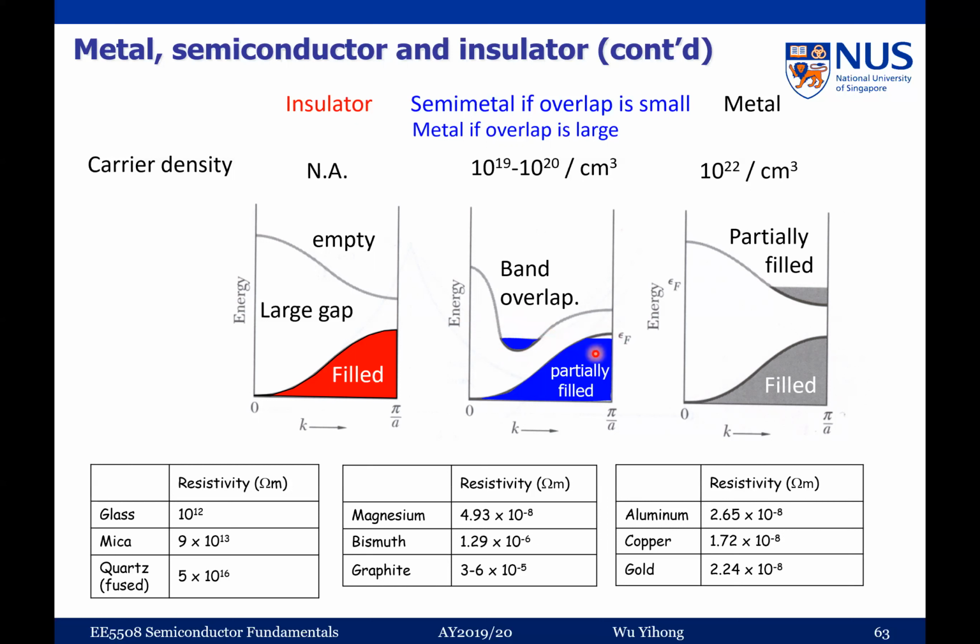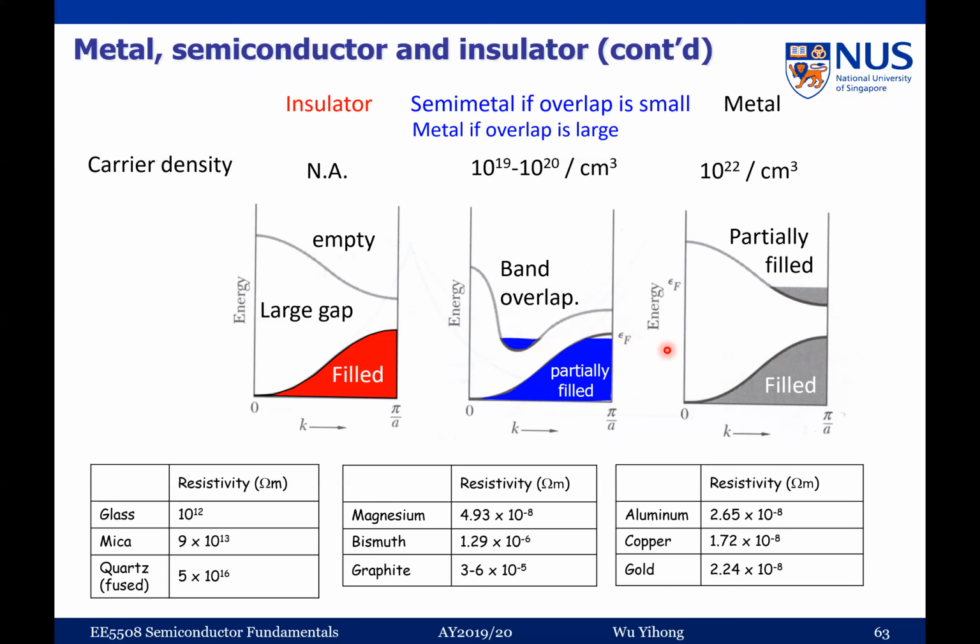Since electrons will try to fill up the states with the lower energy first, after you reach this level, instead of continuing to fill up to the maximum of this energy band, it will fill up the local minimum of the next energy band first. So in this case, you do have free carriers here, and you have empty states here.